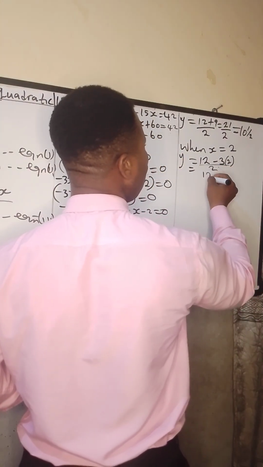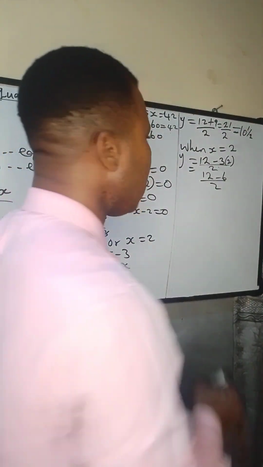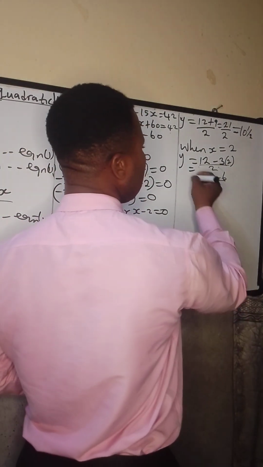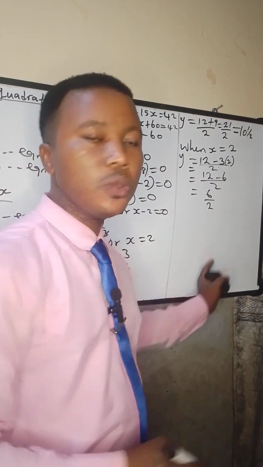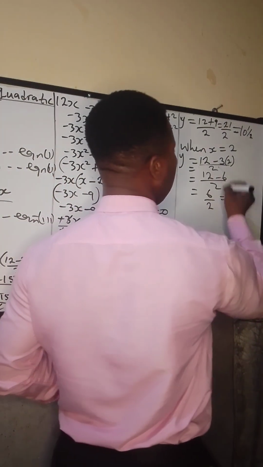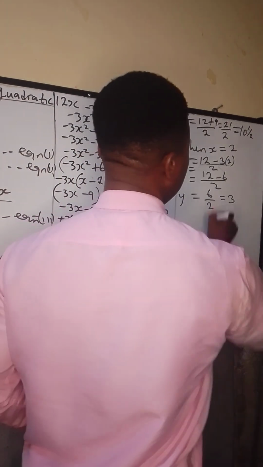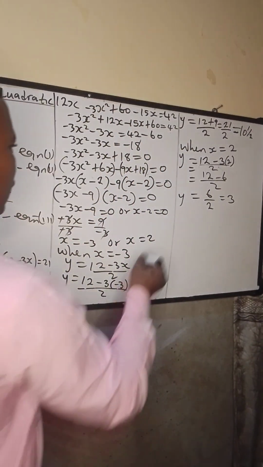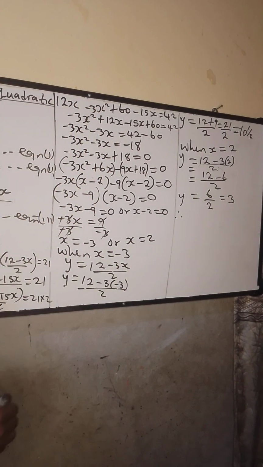And of course we say 12 here minus 6 all over 2. And 12 minus 6 is giving us 6 all over 2. 6 divided by 2, we are having 3. So our y is also equal to 3.